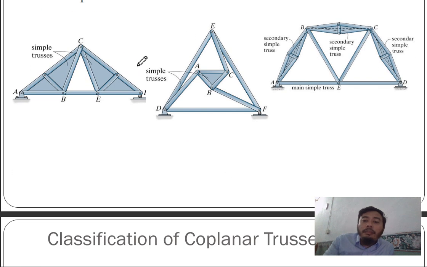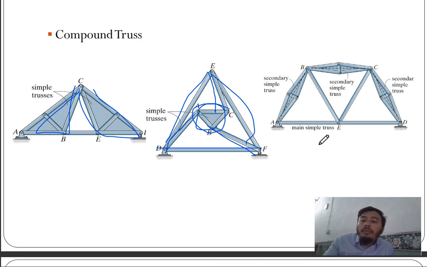So this is an example. This is two simple trusses combined. So you have a compound truss. And then this is type 2. You have simple trusses being combined with bars. So it becomes a compound truss also. And then this is the last one, the more complex one, type 3. Your secondary simple trusses replace your main large bar.